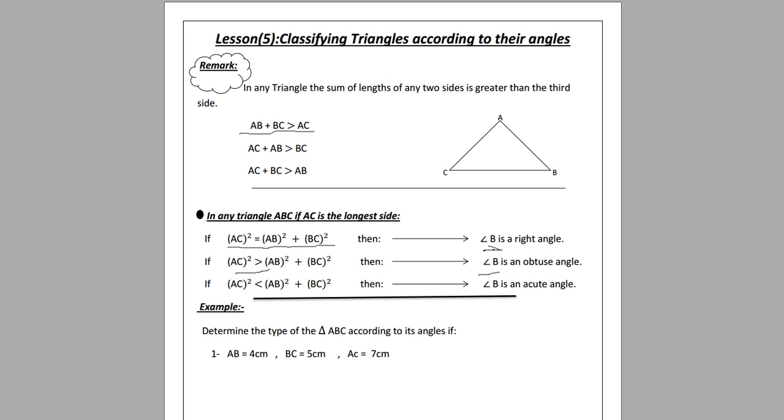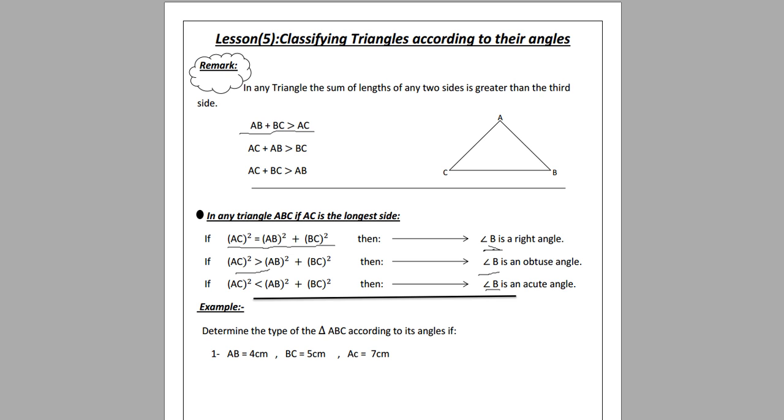Example: determine the type of the triangle ABC according to its side length or its angles. So we have here the three side lengths, 4, 5, and 7. How can we know if it is a right angle triangle, obtuse angle triangle, or acute angle triangle? First, catch the biggest side. It is 7.